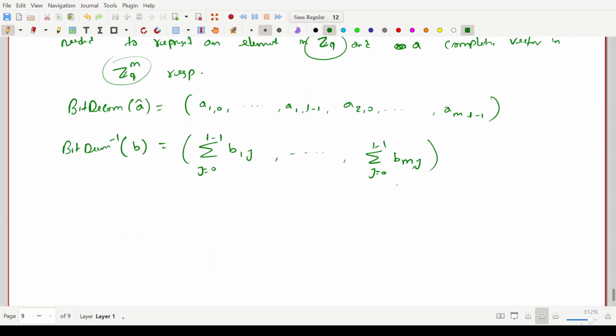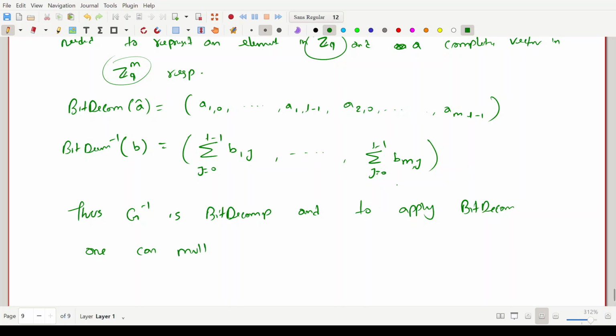So what is actually G inverse? What does G inverse do? G inverse is bit decomposition, and to apply bit decomposition one can multiply with the matrix G that contains powers of 2.